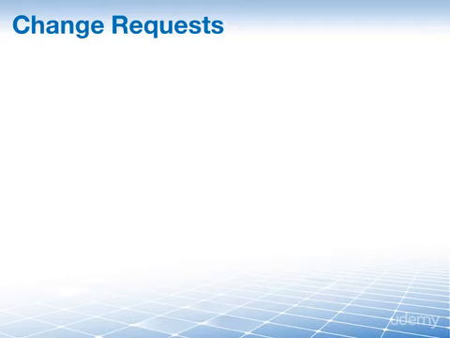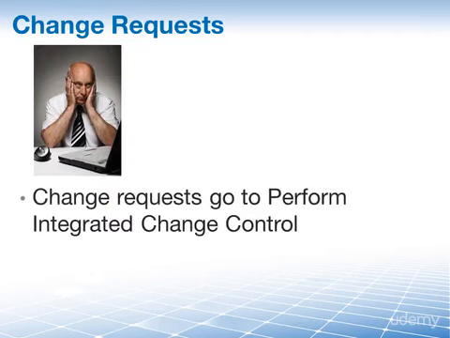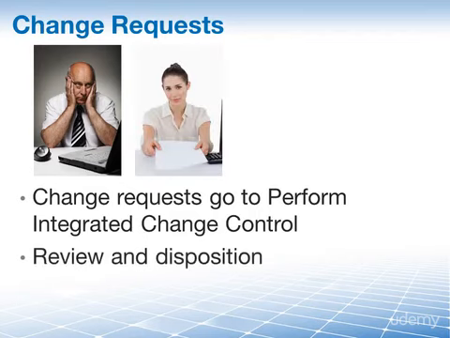Probably not, because each of these pieces of sticky tape represents a change request for defect repair. And guess what we do with these change requests? Well, we hand them off to the Perform Integrated Change Control process for review and disposition.